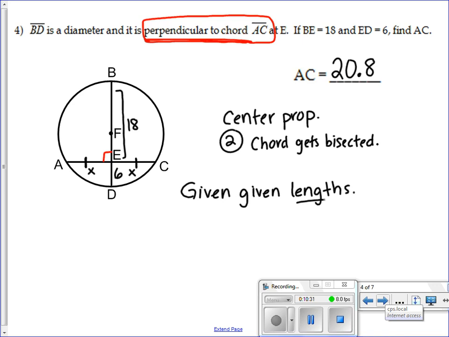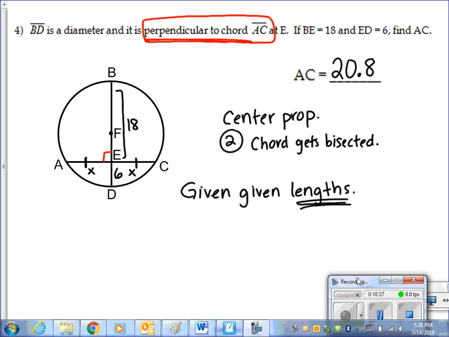Anytime we're given lengths, we want to talk about those equations that we learned. So these lengths are inside the circle. So if you remember, we're going to take the product of chord 1, and then we're going to equal it to the product of chord 2.